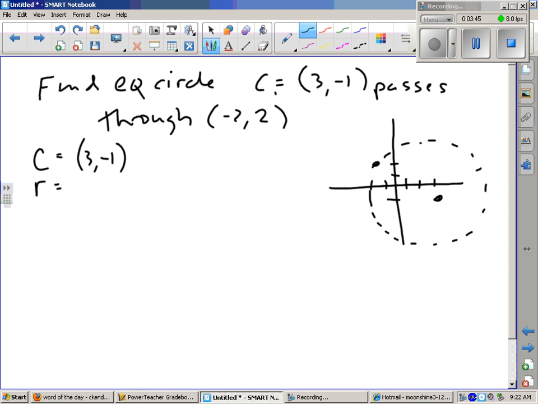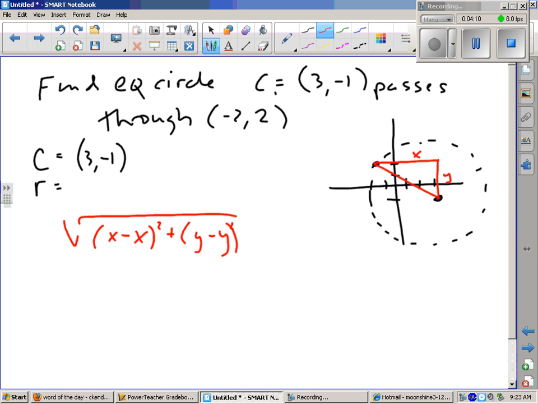So if I were to find the radius of that circle, from there to there, I'd have to find the distance. So a couple ways you can do it. You can just draw a triangle and use the Pythagorean theorem, or you can just do the distance formula, which is kind of the same thing anyway. So we have the square root of (x minus x) squared plus (y minus y) squared. So let's put these in.